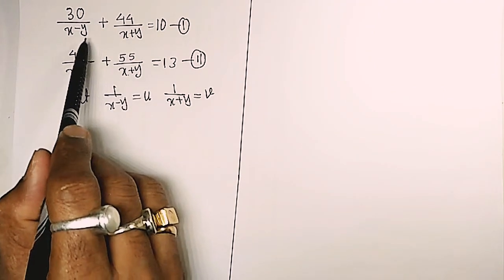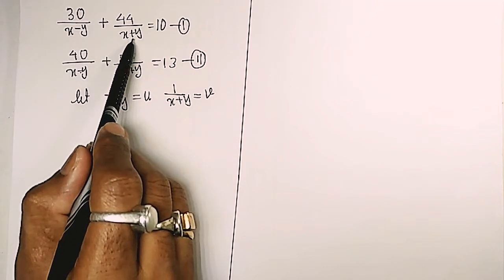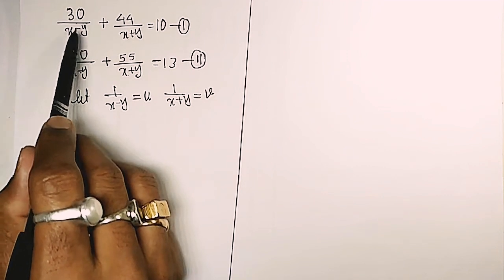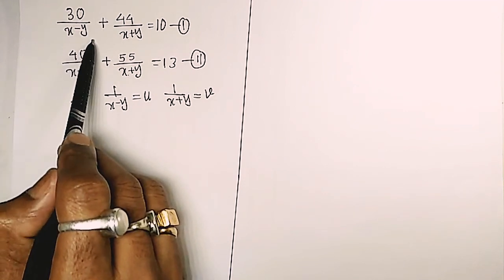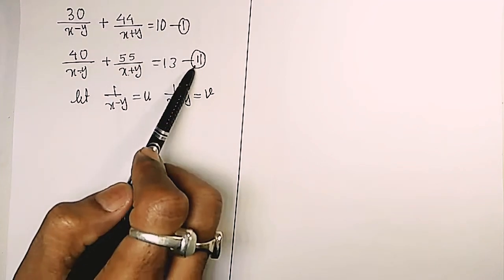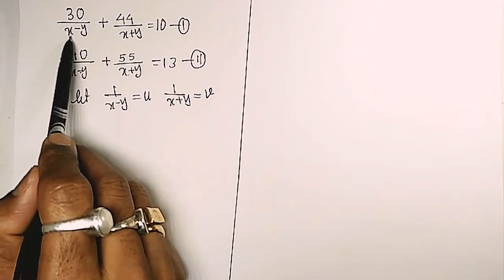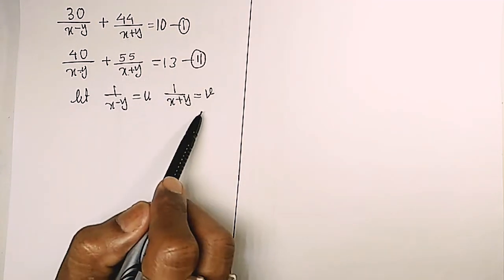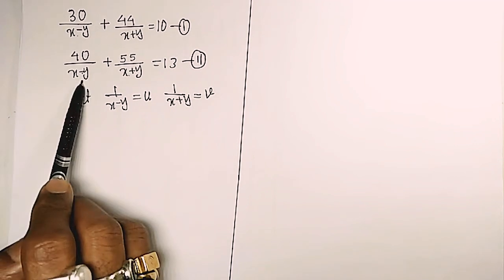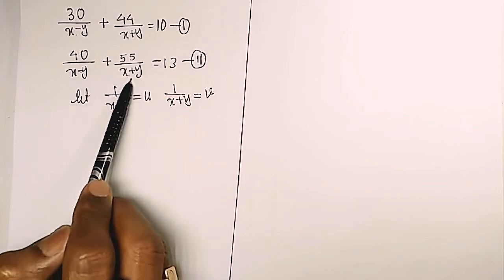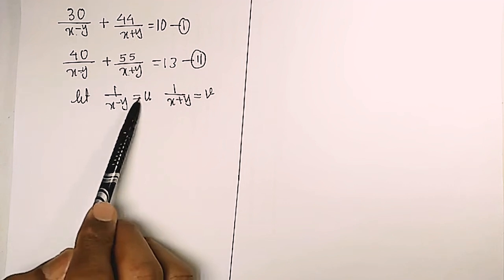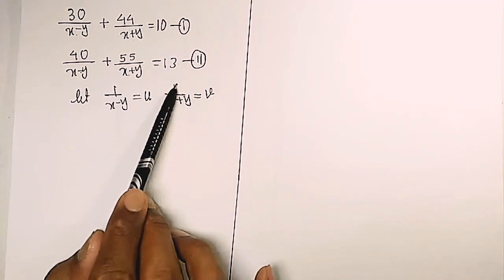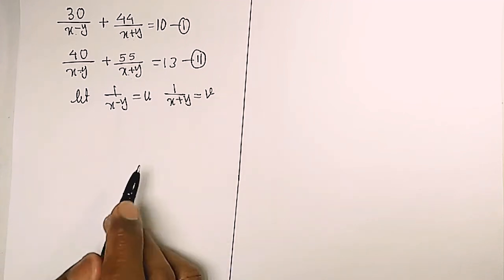Every time it is not necessary that x minus y and x plus y will be there; different terms can also appear. You just check whether the denominators are the same or not. In equation 1 and equation 2, if the denominators are the same for each term, you can use the technique of u and v. So 1 by x minus y equals u, 1 by x plus y equals v.